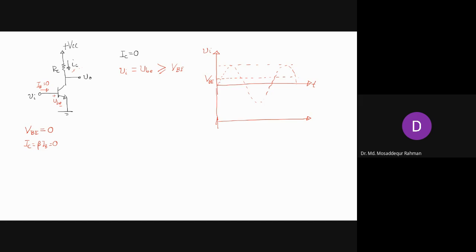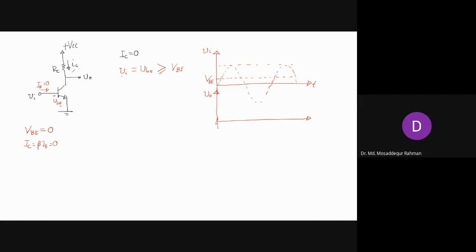So our input voltage is varying, and this is the point where it exceeds the forward bias base emitter voltage, and this is our V naught. So the transistor turns on when VI is greater than VBE, right?